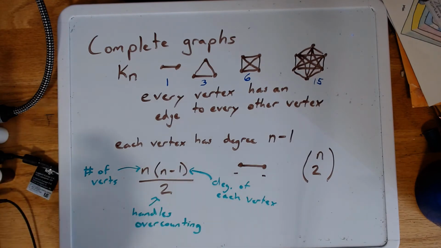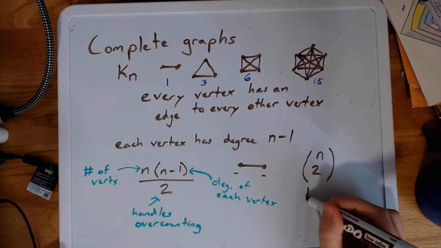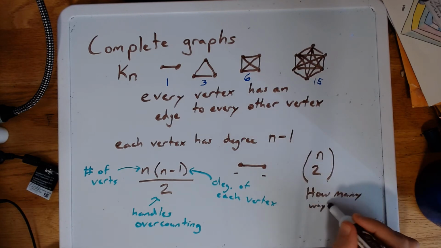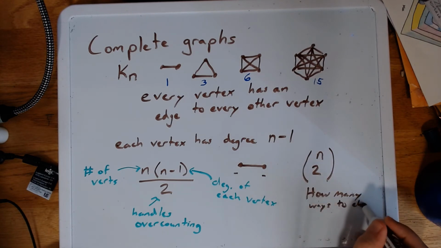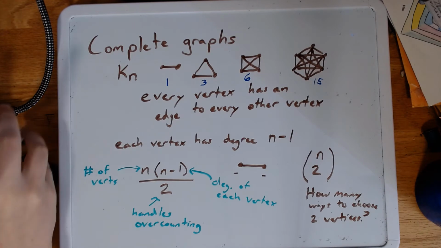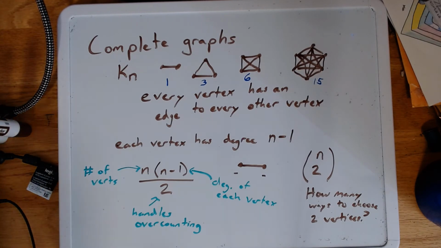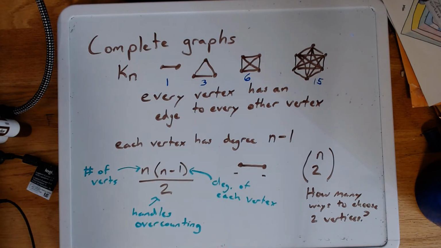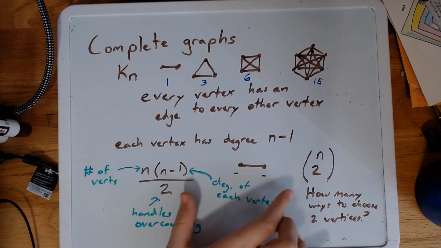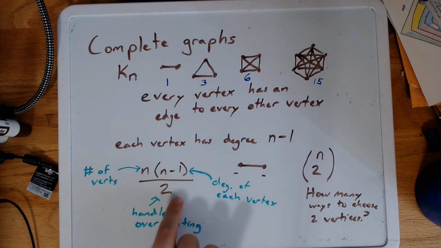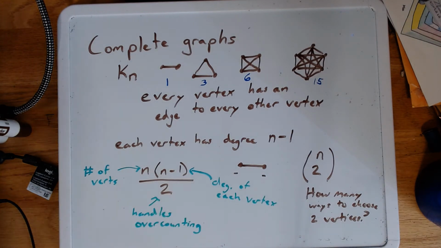This is basically how many ways can we choose 2 distinct vertices, and that's exactly what an edge in a complete graph is. We have an edge for every way we can choose 2 vertices. So if you know these 2 are equal, that's another way to find where this comes from.